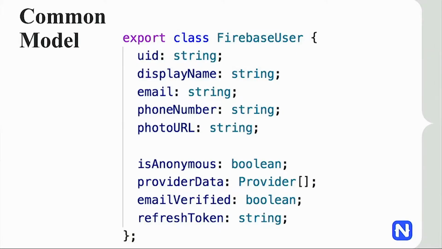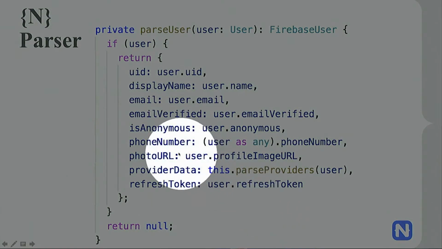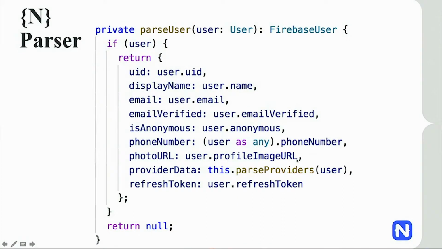So this is the Firebase user I created in my demo project. I said, okay, in my opinion, all of the Firebase user objects should look like this. And then whenever I was calling parse user, I would just take the user object and assign each attribute individually. So, for example, if you look at the photo URL, we are assigning profile image URL. Okay.